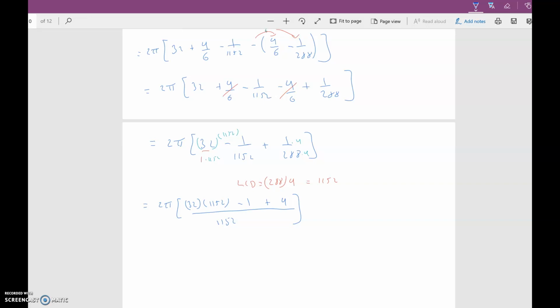And let me simplify completely the top. So you still have the 2 pi times 32 times 1152. I'm getting that this is 36,864 plus, well, actually plus 3.